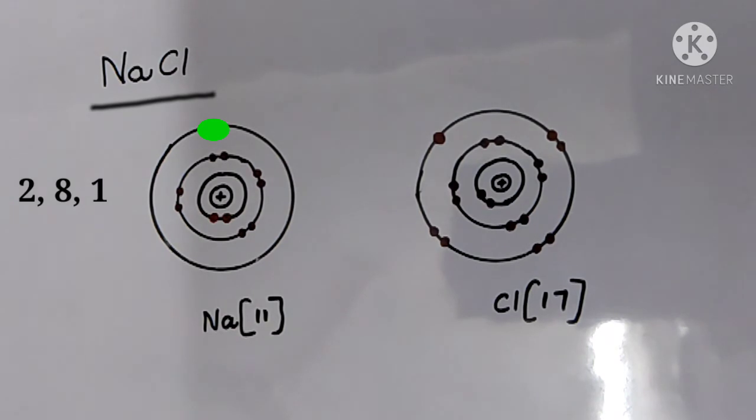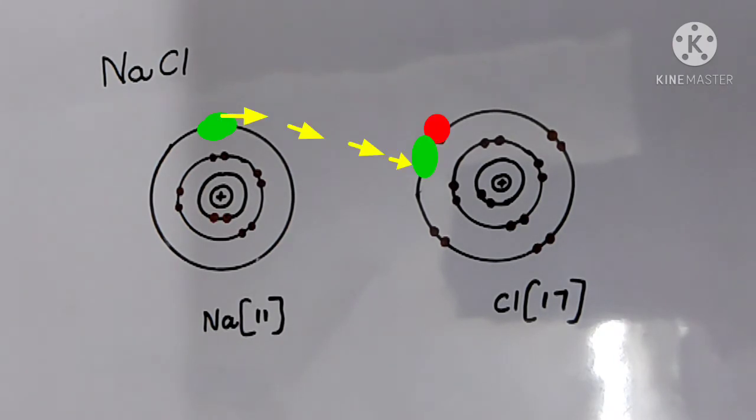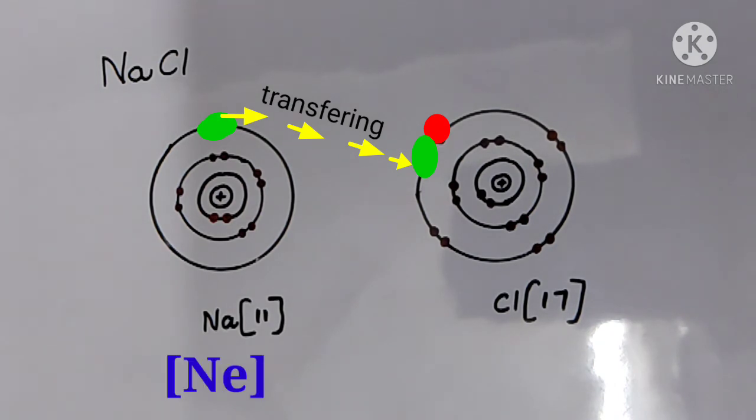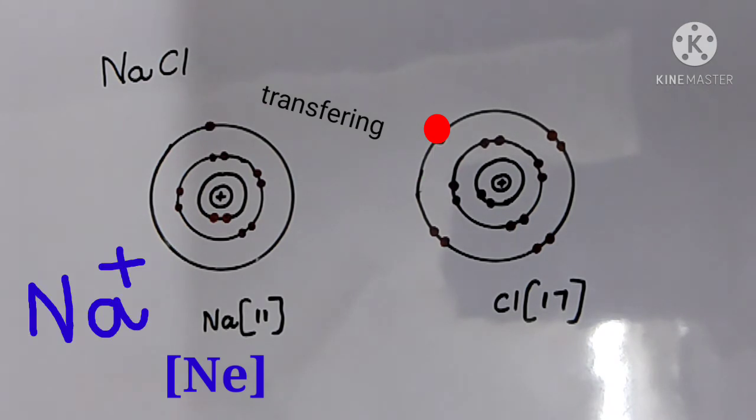To get a stable octet, it should either gain 7 electrons or lose 1 electron. Sodium finds it easier to lose 1 electron than to gain 7. Thus, it donates one electron, gets a stable configuration and becomes an Na+ ion.